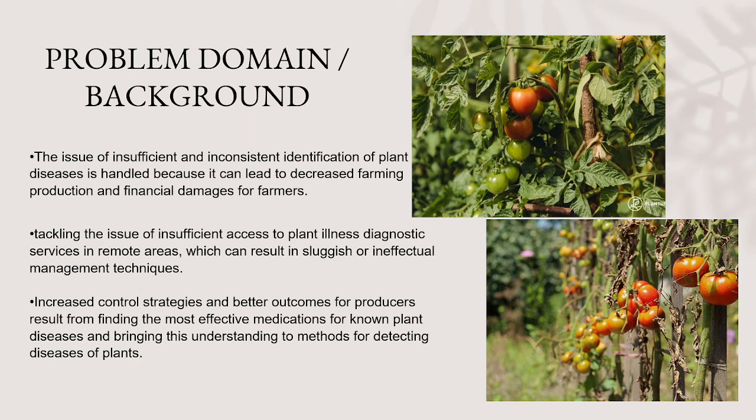Increased control strategies and better outcomes for producers result from finding the most effective medications for known plant diseases and bringing understanding to methods for detecting plant diseases. Delayed solutions can destroy the whole plant, and whole plant means whole field actually.